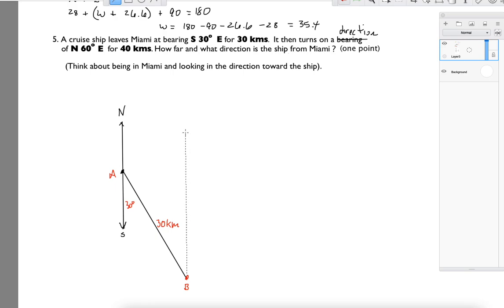So I need to draw a north line here. I'm going to get there. And we're going 60 degrees here. So we're going to go 60 degrees for 40 kilometers, something like that. So this angle is 60 degrees, and we are going for 40 kilometers.